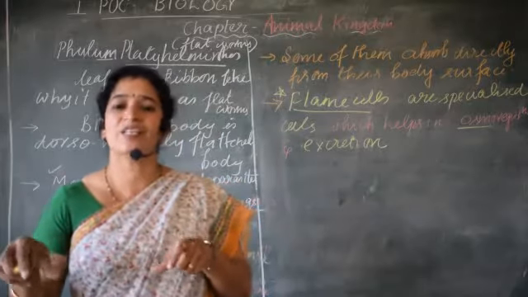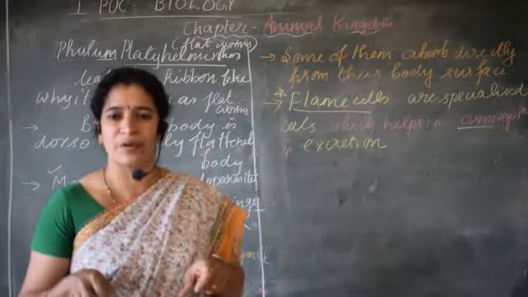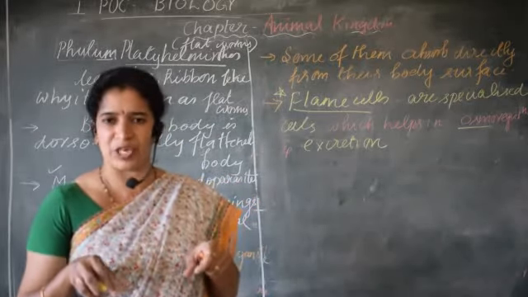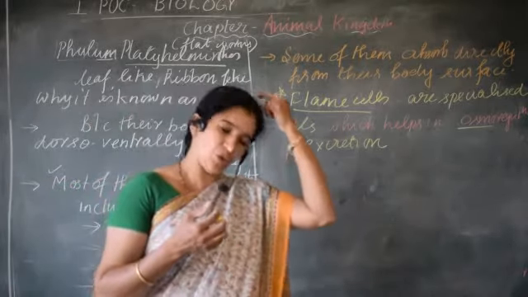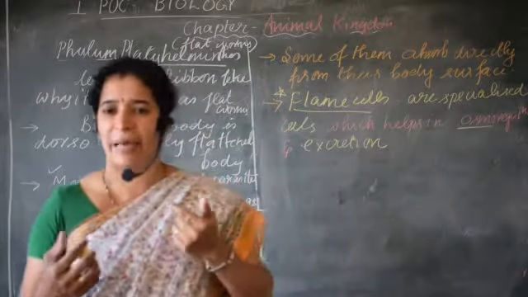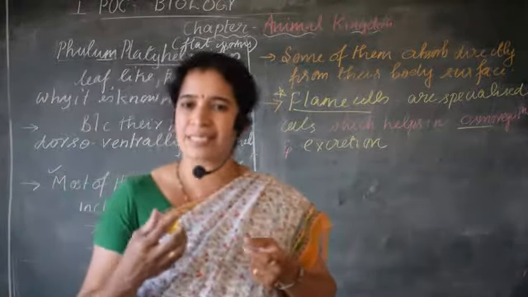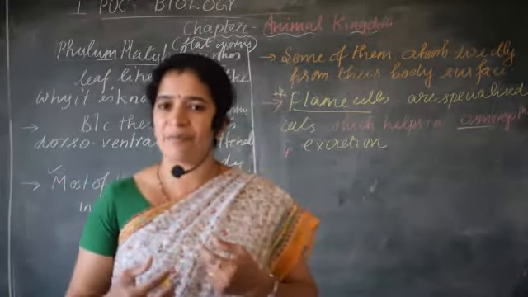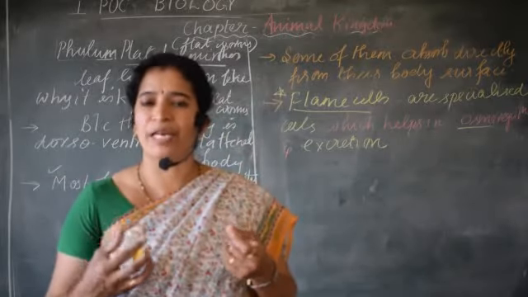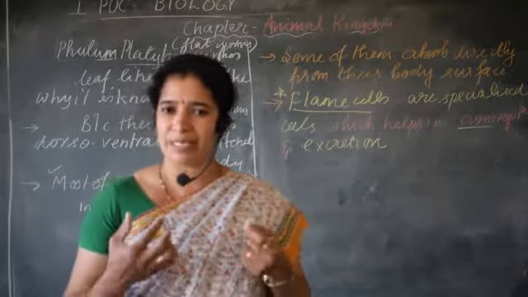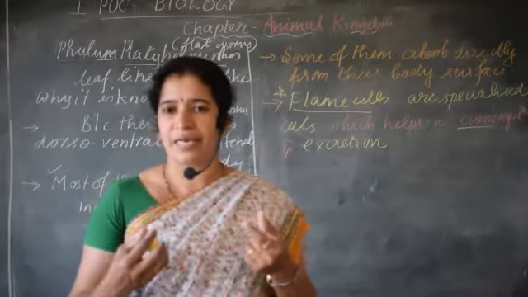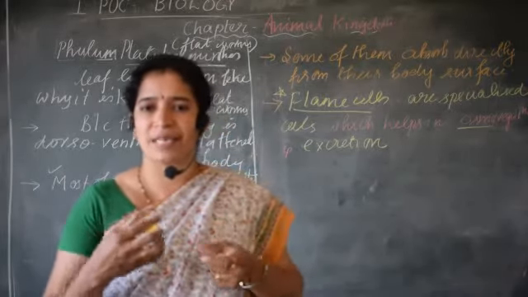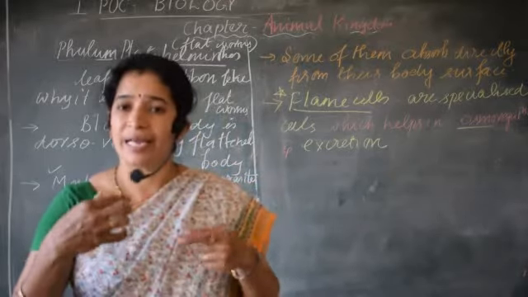So, maintenance of ionic balance in the body fluid is called osmoregulation. In our body also, we need to maintain the fluid balance. Fluid means water, and it must contain some ions. Even in our blood it must contain some minerals, iron, like that. So those concentrations have to be maintained in a regular manner.